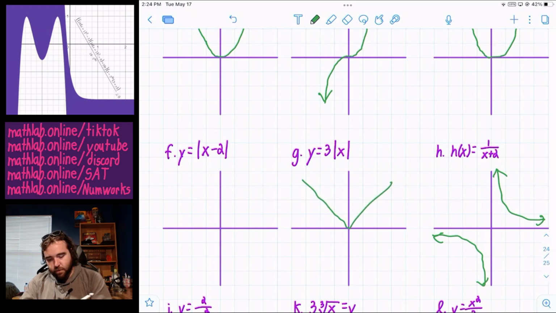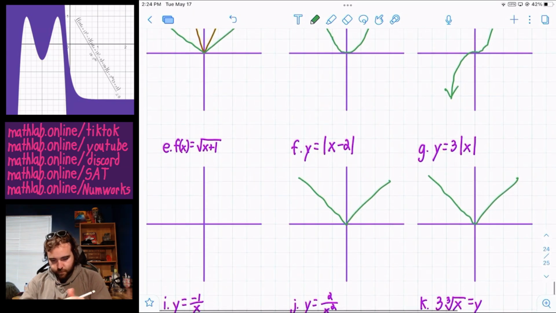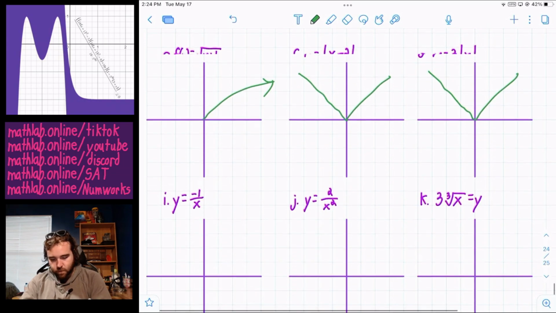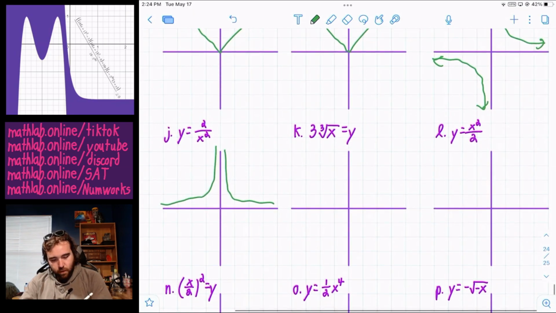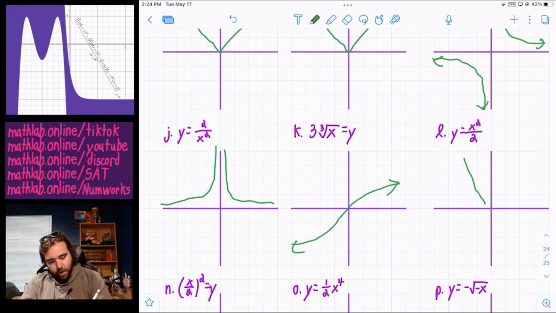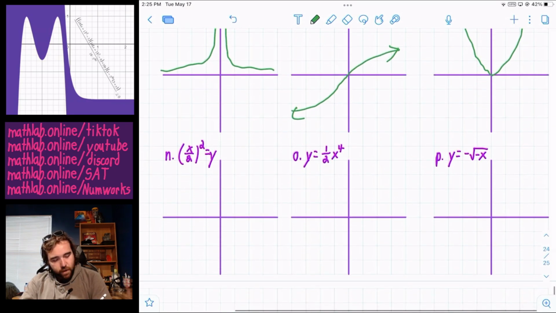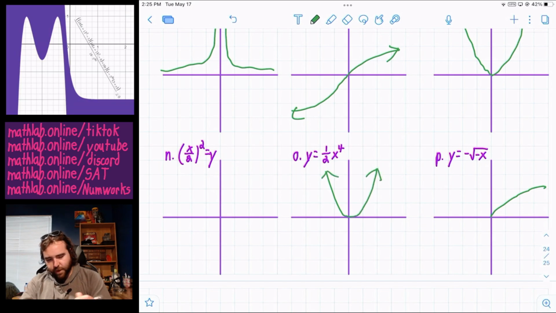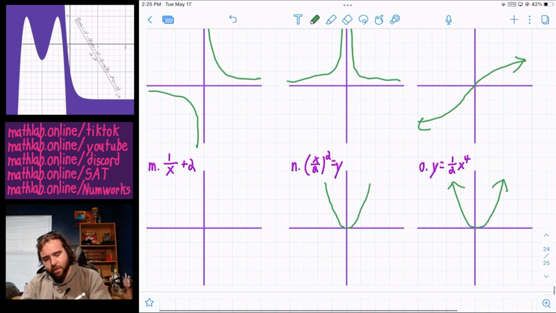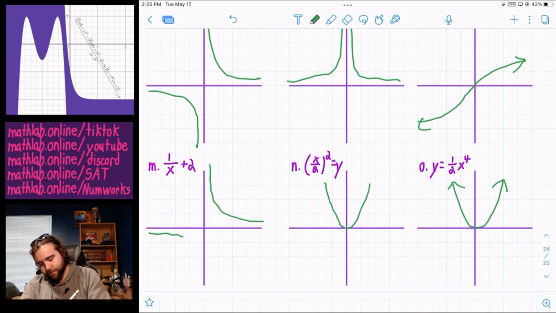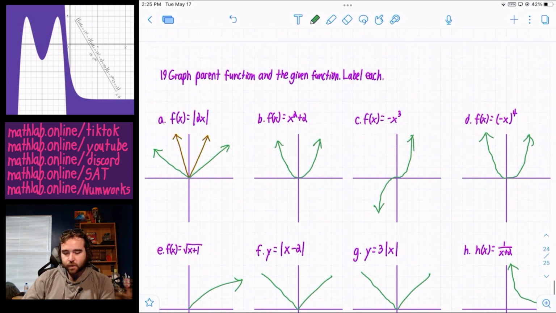We got the absolute value, square root, 1 over x, 1 over x squared, cube root, x squared, square root, x to the 4th. I don't know why I'm putting arrows on some of them and not others. They all should have arrows. Parabola, and 1 over x. All right, so there's all of our parent functions.